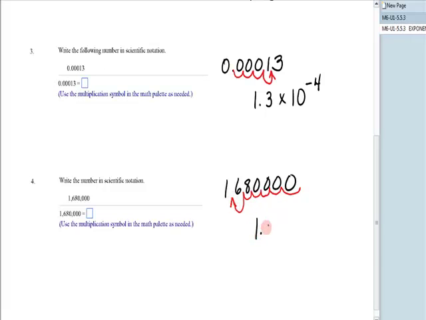This will be 1.68 times 10 to the positive 6. Positive exponent, standard form, big number. Negative exponent, standard form, tiny decimal. Okay? In our next lesson, we'll be going backwards.